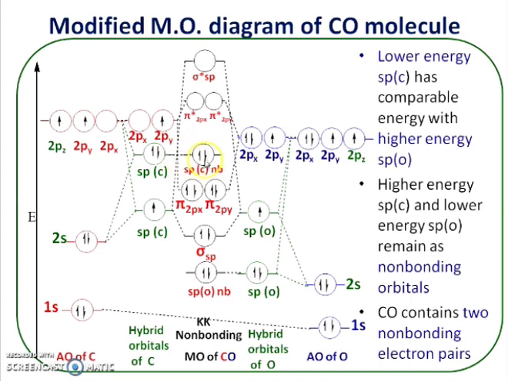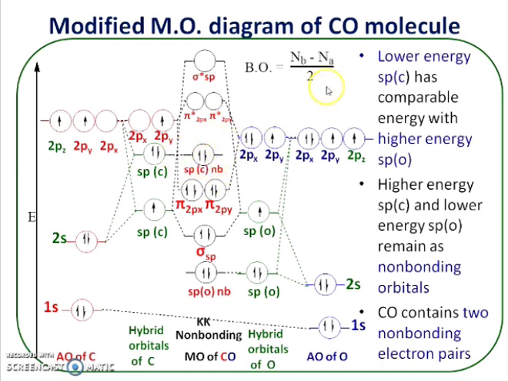But as carbon is less electronegative than oxygen, the non-bonding electron pair present in the sp hybrid orbital of carbon is easily donated, and therefore carbon monoxide acts as a ligand.